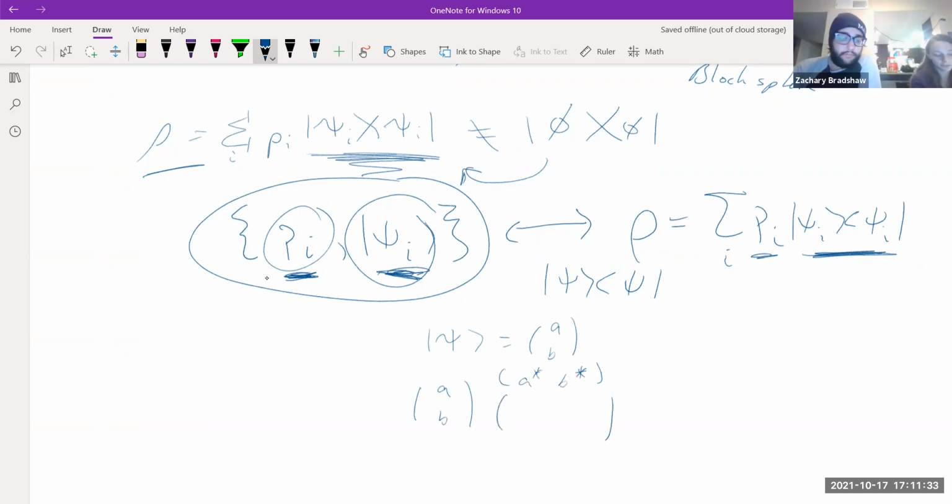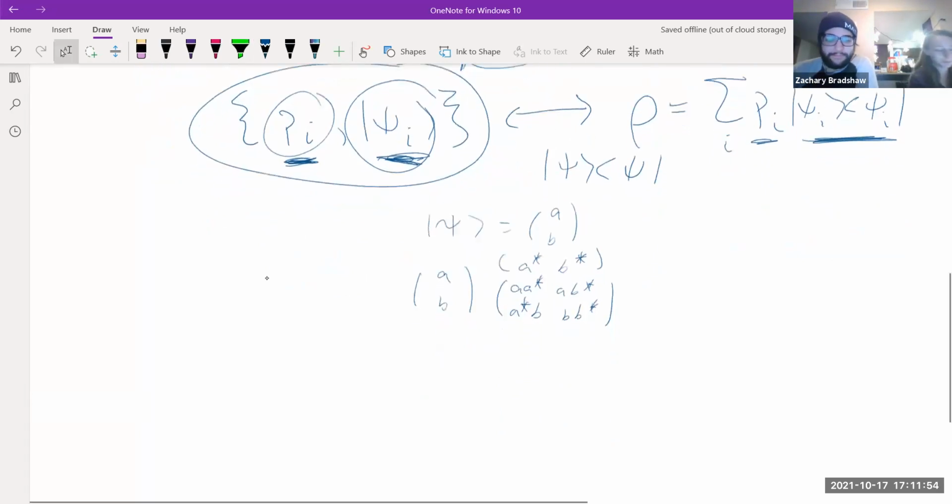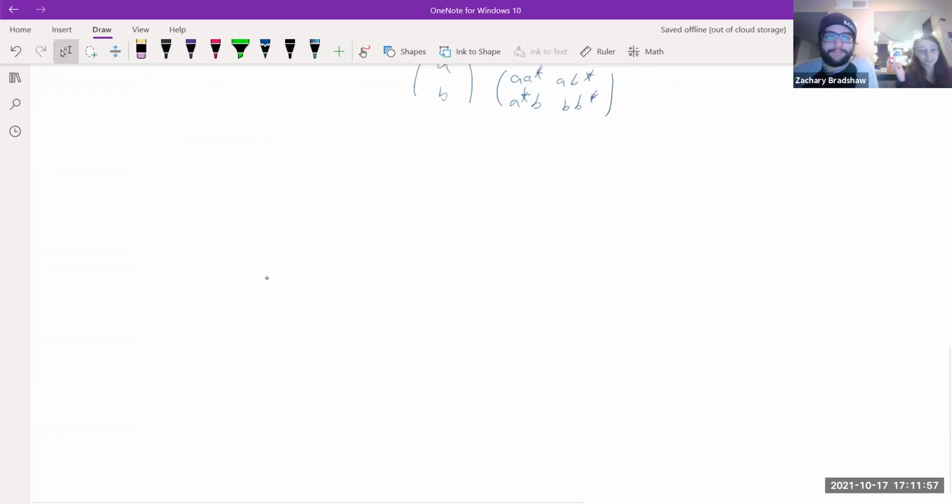Also notice you can fill in these blanks. This is a trick someone taught me, and I'm just sharing it with y'all. Just writing them in this manner, you can read them off like a grid. I always think that's so cool. It makes my multiplication easier. This is not super important to what a density matrix is, but I'm just showing you how you could calculate one really conveniently.